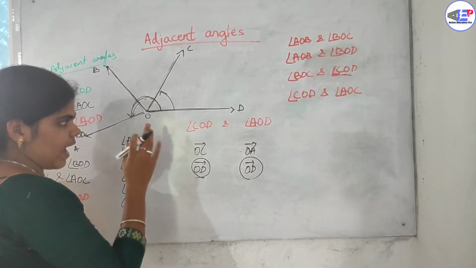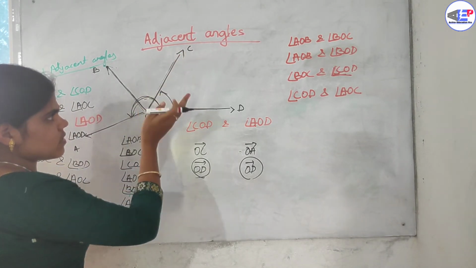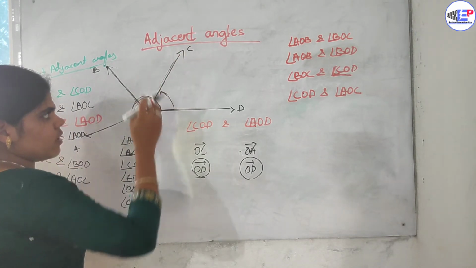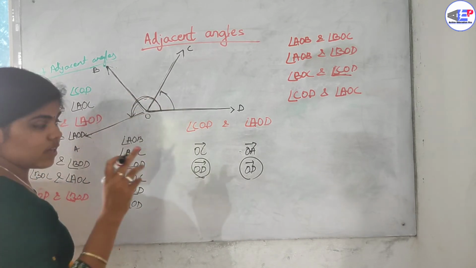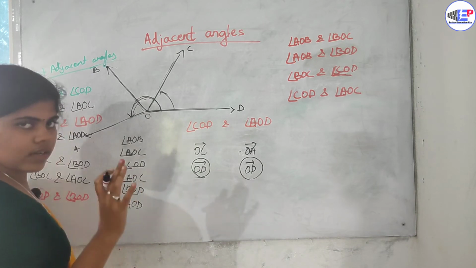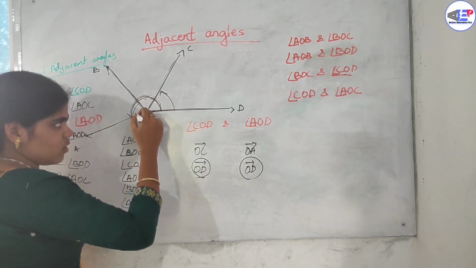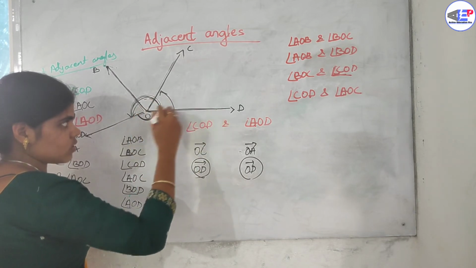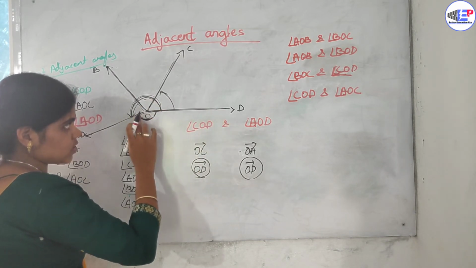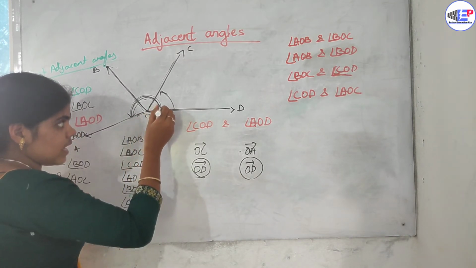If you compare the non-common arm positions according to the rotations of their angles, OC is present if you move anti-clockwise, and OA is also present if you move anti-clockwise. In my first figure, when I drew it, I showed this angle differently. If you draw this angle with OD as the starting ray, then you should move clockwise. But I don't mean it that way in my question, I just mean anti-clockwise.